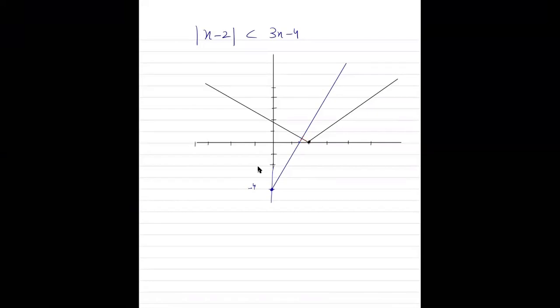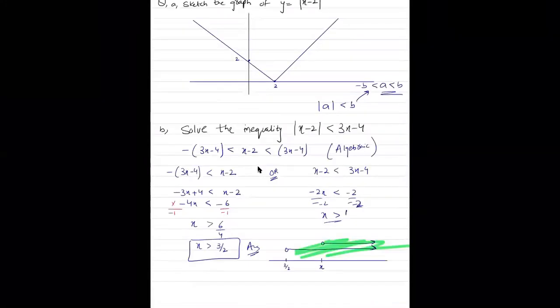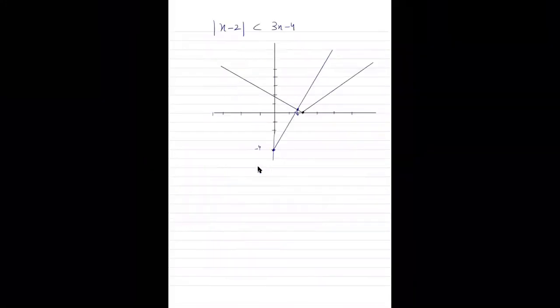Now, the question was, for what value of x is this modulus graph less than the straight line? So this was the intersection point. And what was the value that you were getting for the intersection point? 3 upon 2.